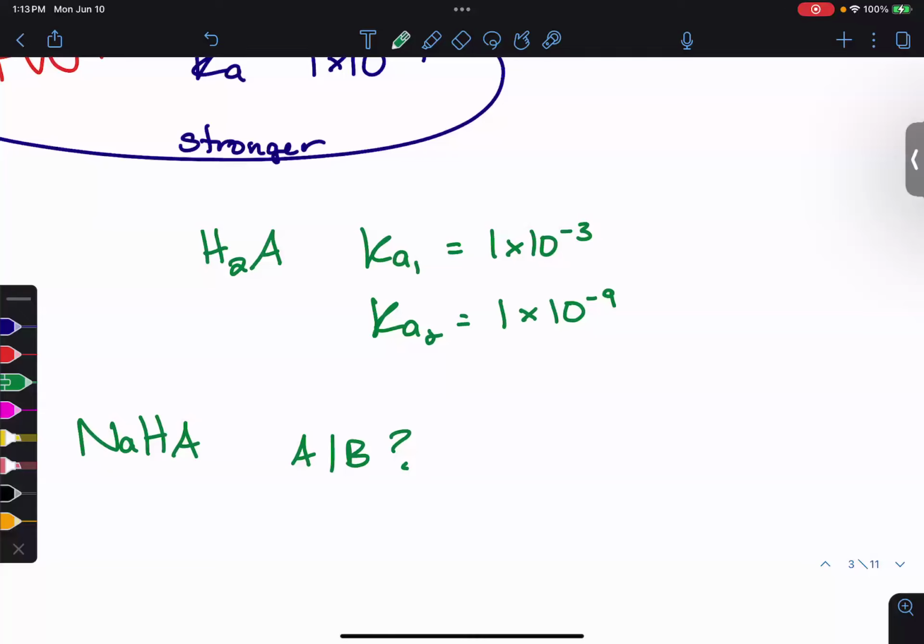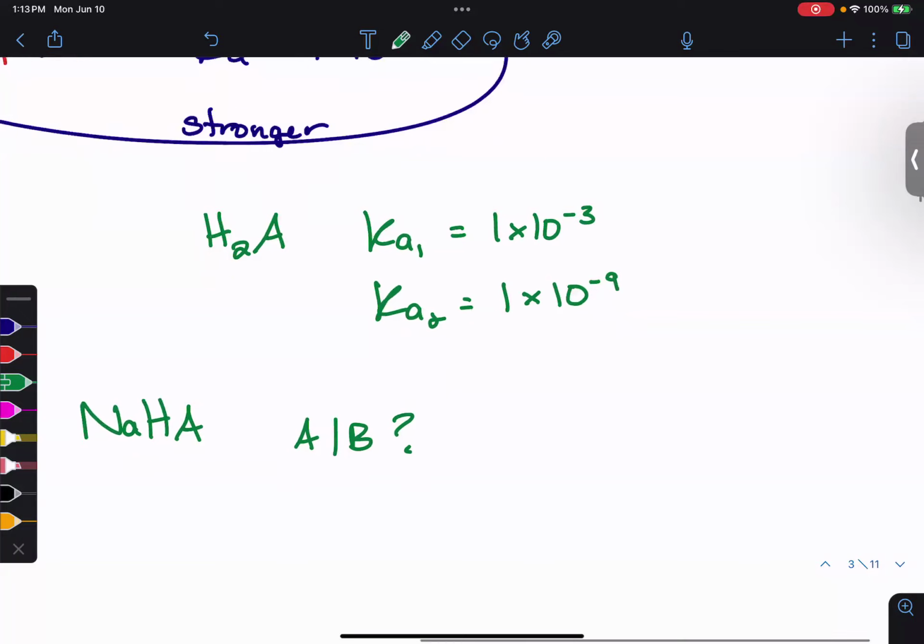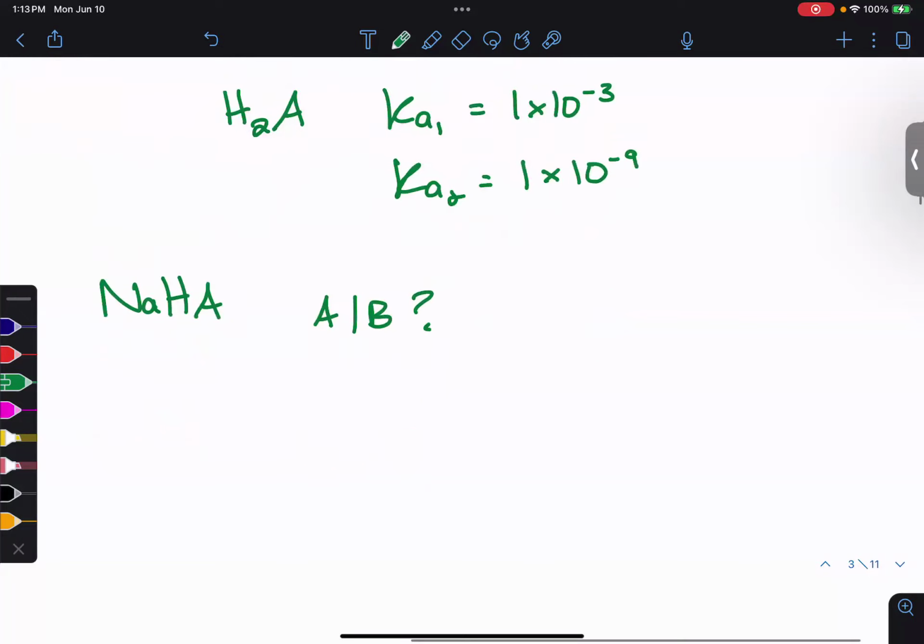So I have a diprotic acid, it has 2 protons, and I take them off one at a time. You start with H2A, very similar. We want to know which is stronger, the acidic part of this substance, HA minus, which can act as an acid or a base. We need to figure out which one's stronger.